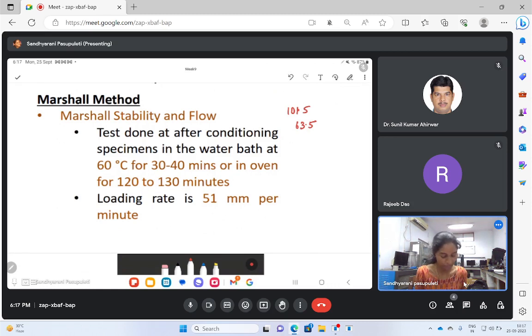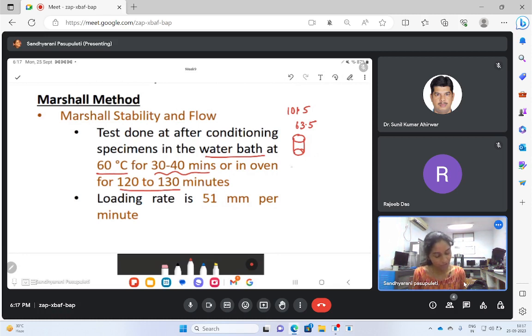When we consider the standard Marshall mix design, once the specimens are prepared, these specimens would be conditioned for around 30 to 40 minutes in the water bath at 60 degrees. Otherwise, if a water bath is not available, for 2 hours or more in the oven.